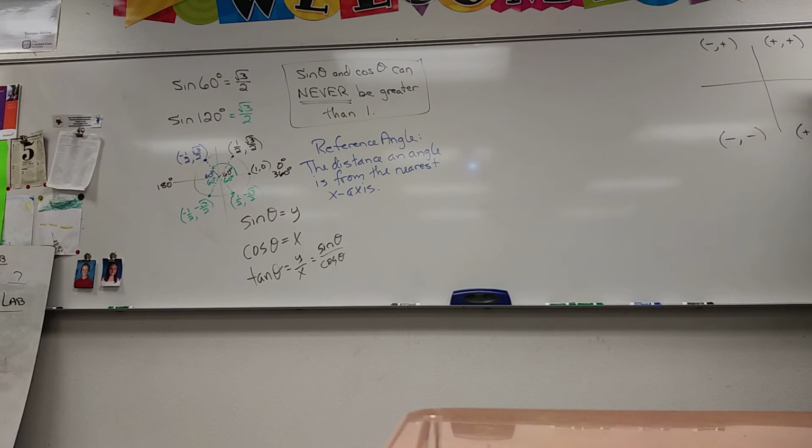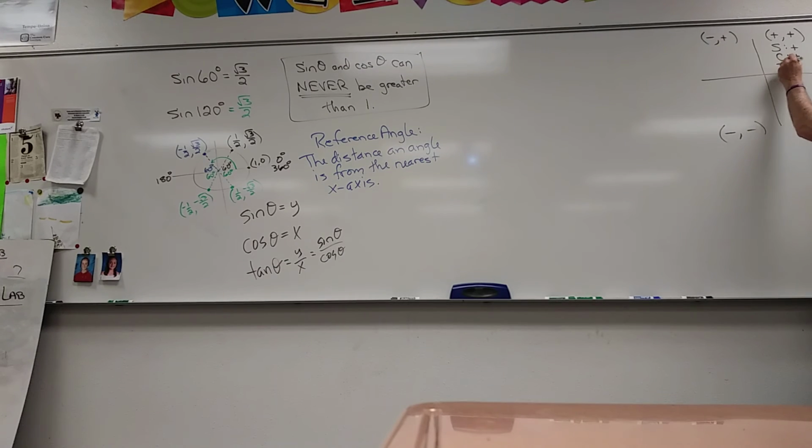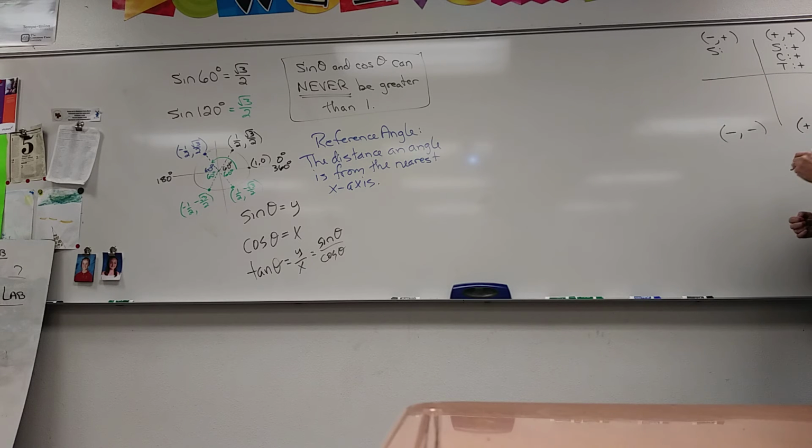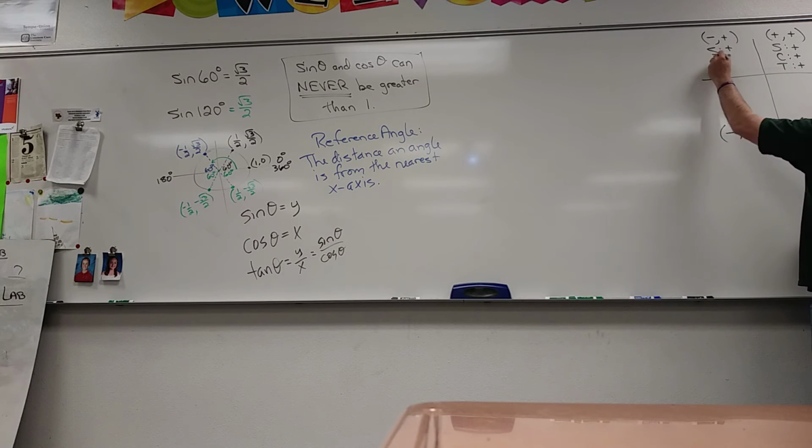So with that in mind, tell me about the sine in quadrant 1. Positive. What about the cosine? Positive. What about the tangent? Positive. Quadrant 2, sine. Positive. Cosine. Negative. Tangent. Negative.